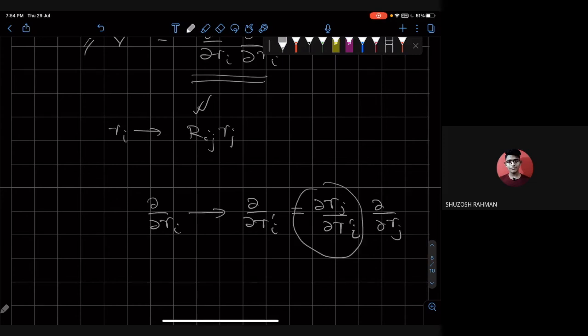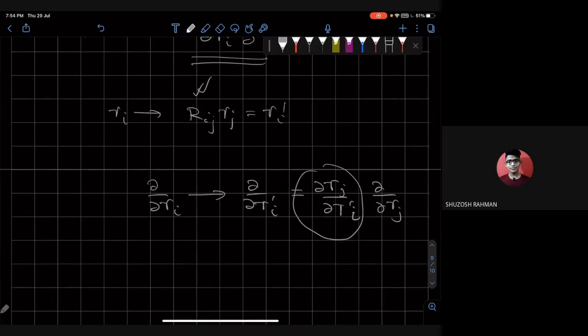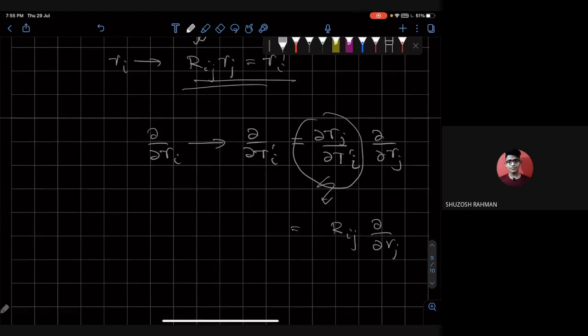If I look at this equation, from this equation I can figure out what this transformation matrix is. It's just R_ij del r_j. So del by del r_i prime is this thing.